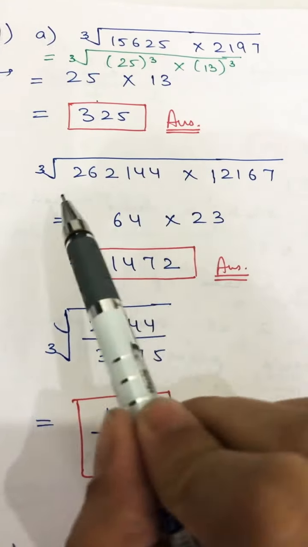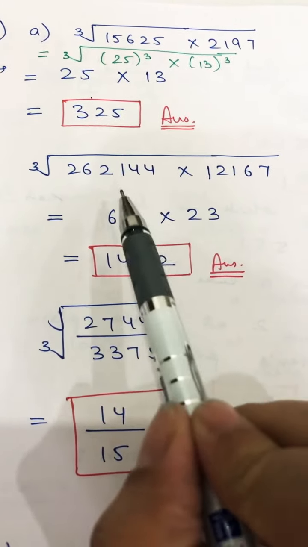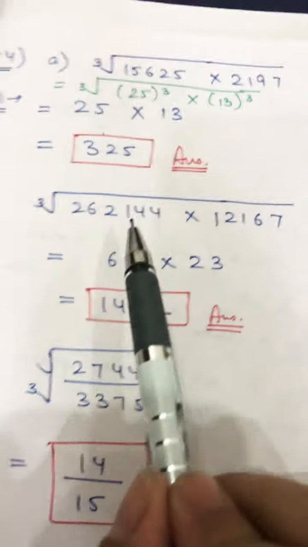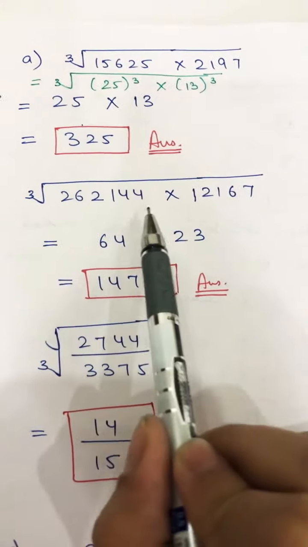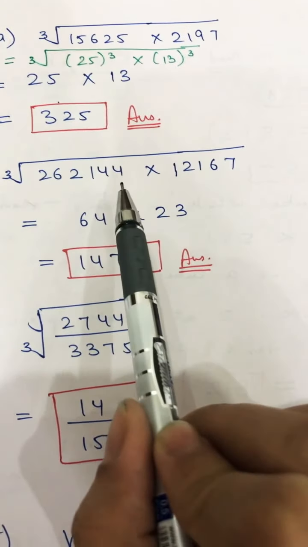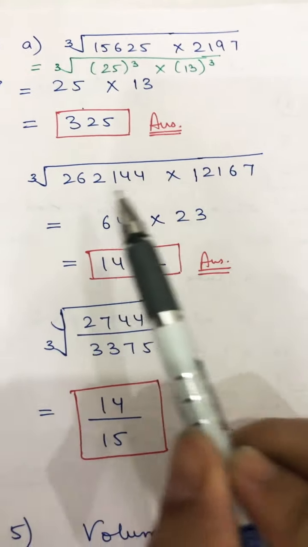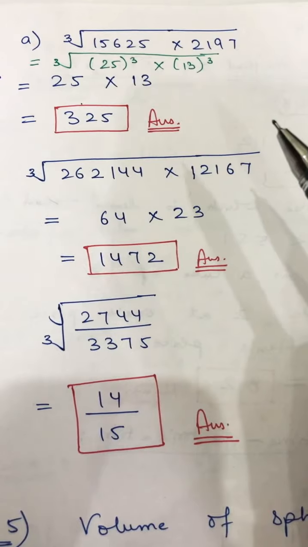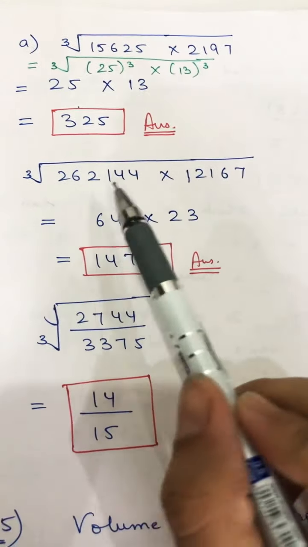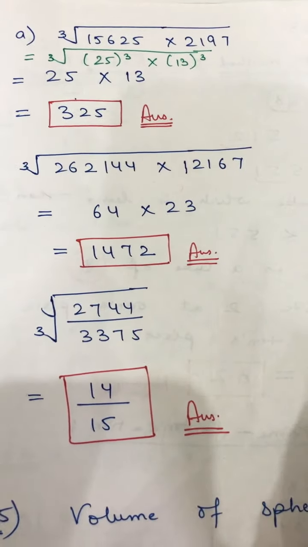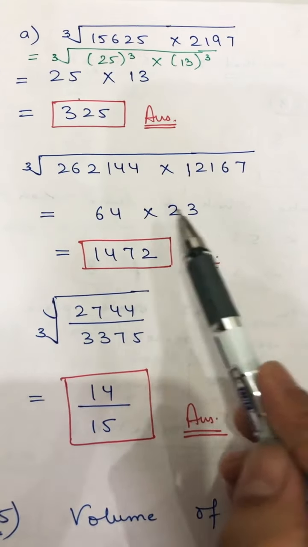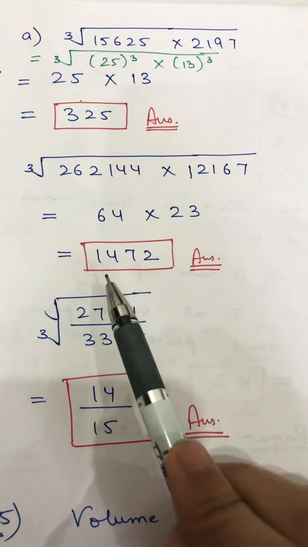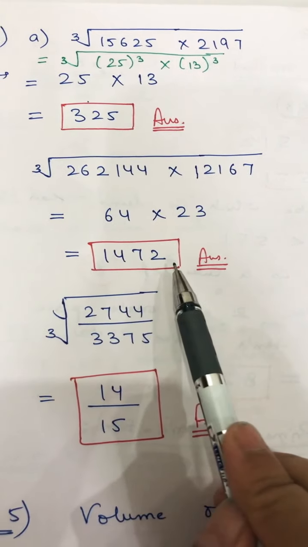If it is a cube root of 64, or any such number, you can find the cube root with the help of prime factorization or the shortcut method. Any method you can follow in your rough part. Now here the answer is 64, and here 23 is coming. So when you multiply both terms, the answer is equal to 1472.